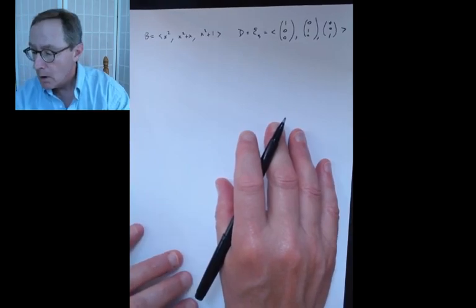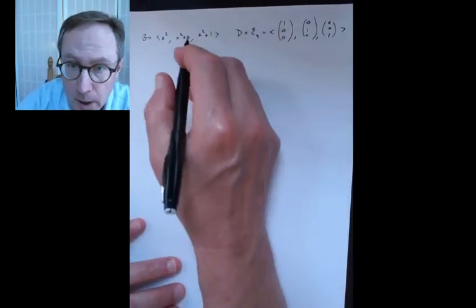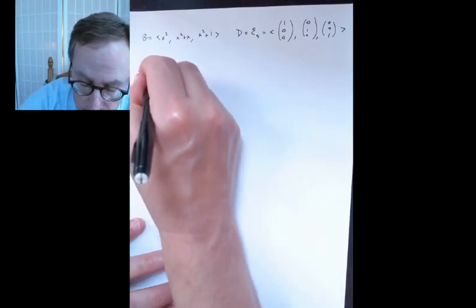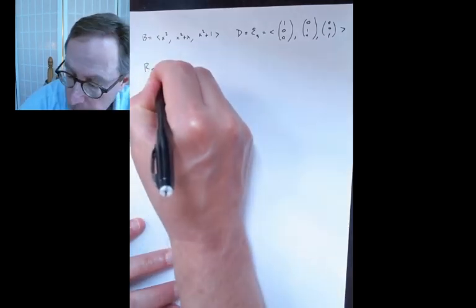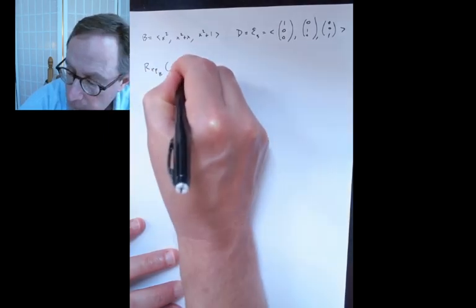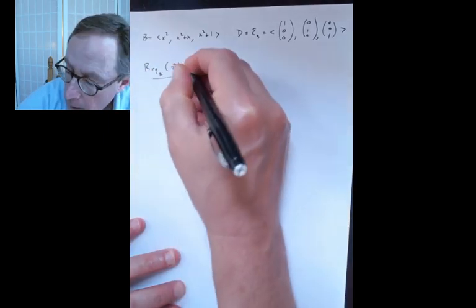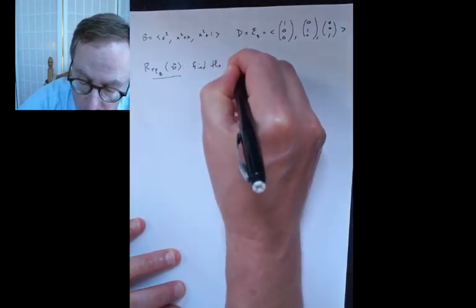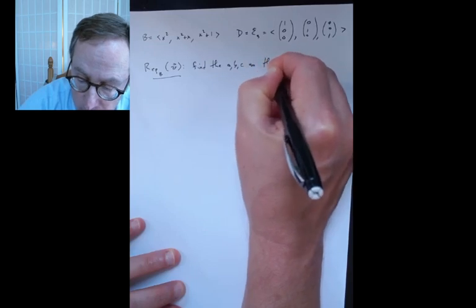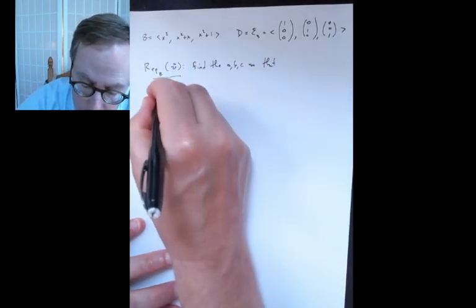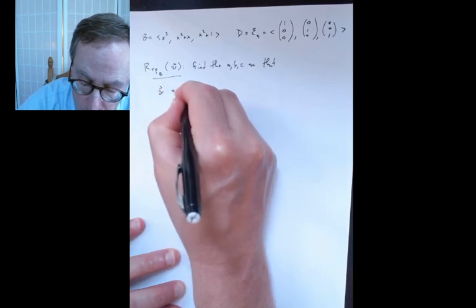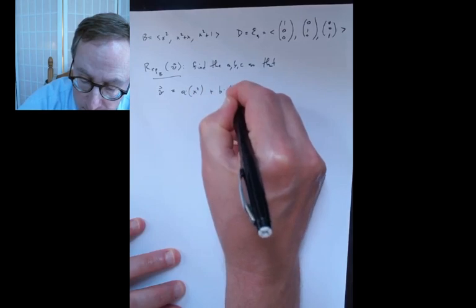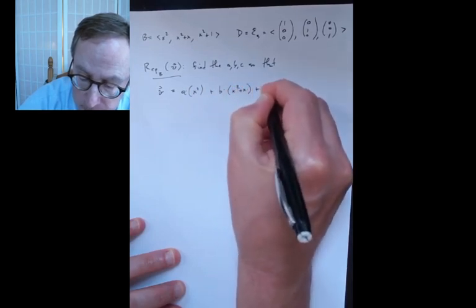Okay, and then I want to remind a person again how the representation map goes. The representation map with respect to a basis B of V says this: find the a, b, c so that v is equal to a times the first thing plus b times the second thing plus c times the third thing.